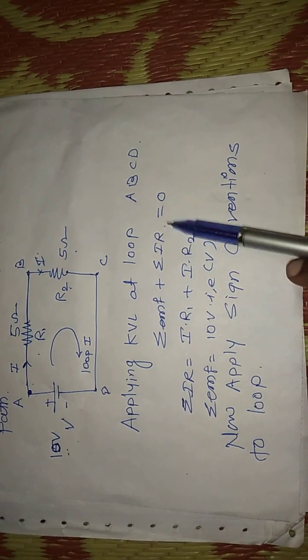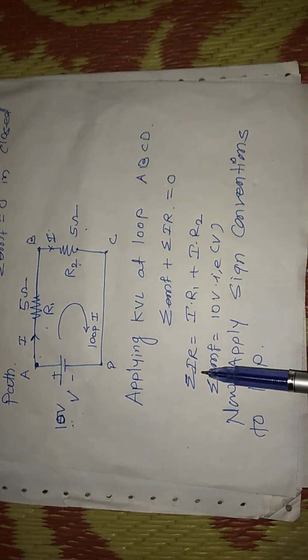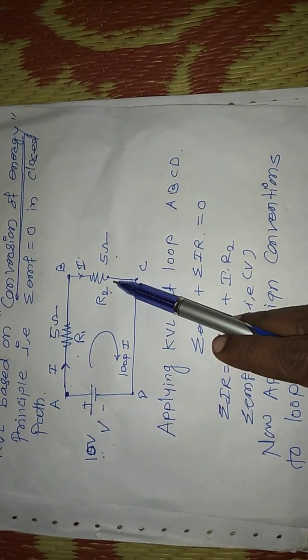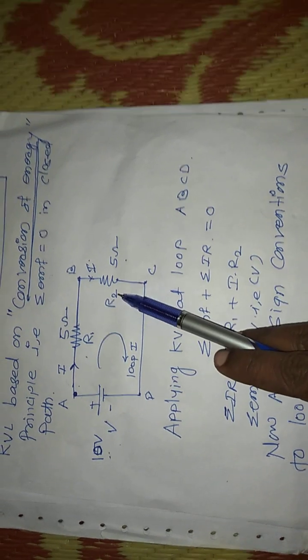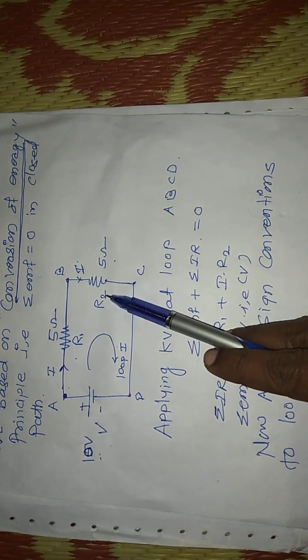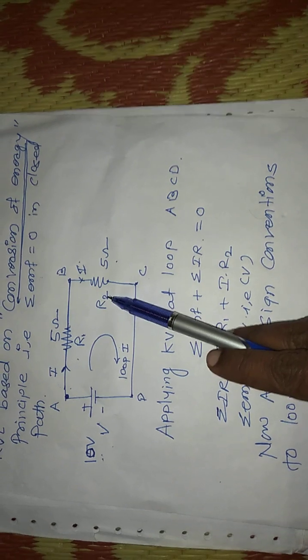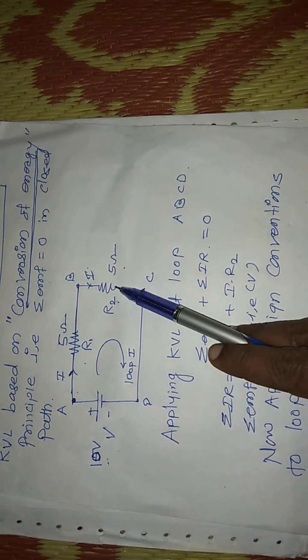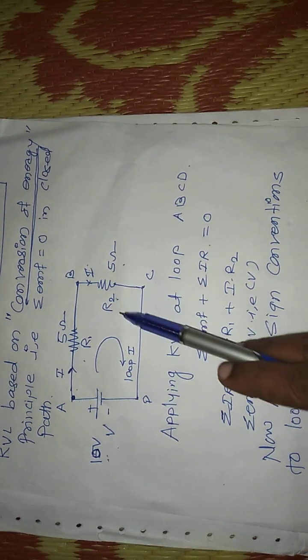So summation of EMF plus summation of IR is equal to 0. In this circuit, summation of IR means the voltage drop. There are two voltage drops, across resistor R1 and resistor R2. The voltage drop V1 is equal to I into R1, and the other voltage drop V2 is equal to current I into R2.